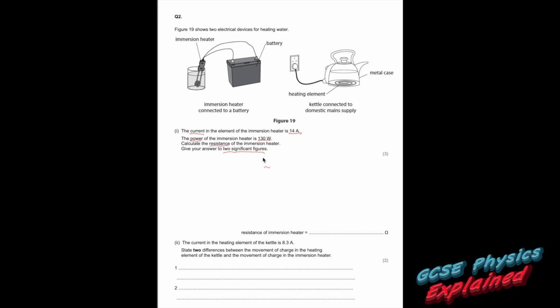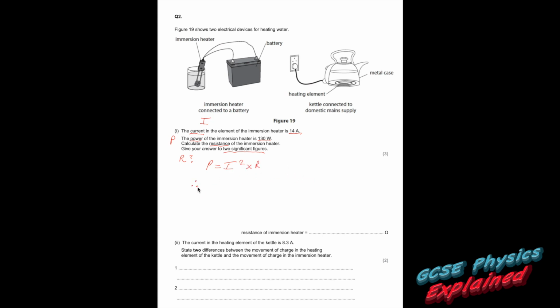I always like to underline things that are important. So we know the current, we know the power, we need to calculate the resistance. Is there an equation that links those 3 things that you're supposed to know? Yes, there is. Power equals I squared R. Now we need to rearrange that.